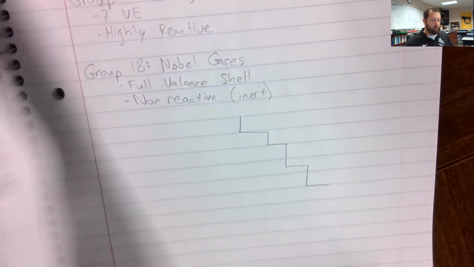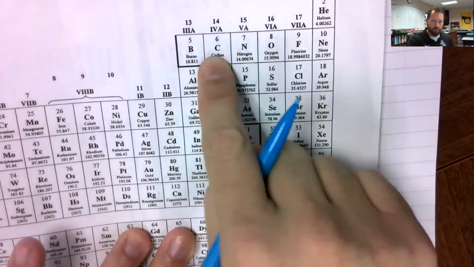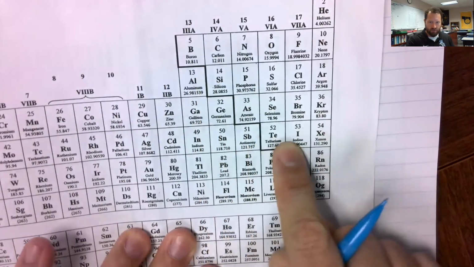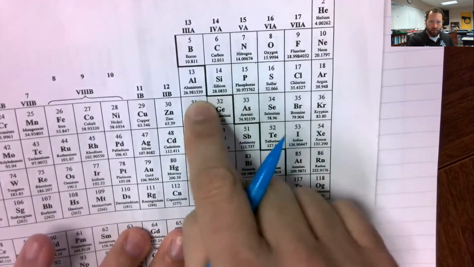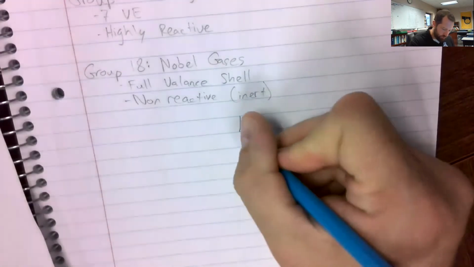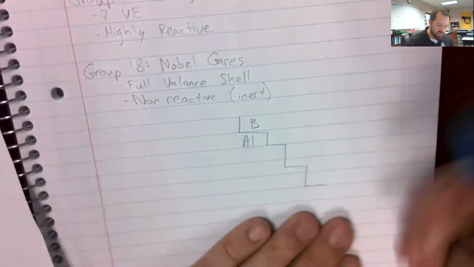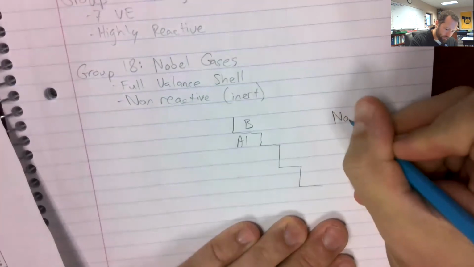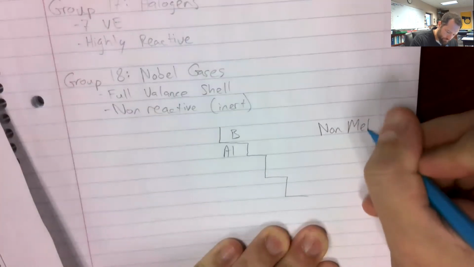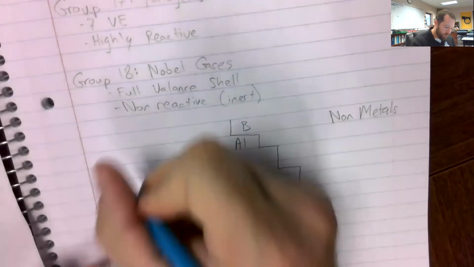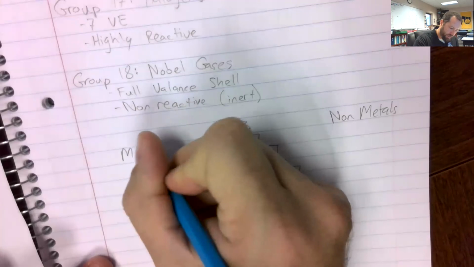You should hopefully see this on your periodic table. I'll point it out to you since I have a periodic table right here. See that bold stair step line? That's a very important line. So aluminum is right here, boron is right here. This differentiates nonmetals on the right from metals on the left.